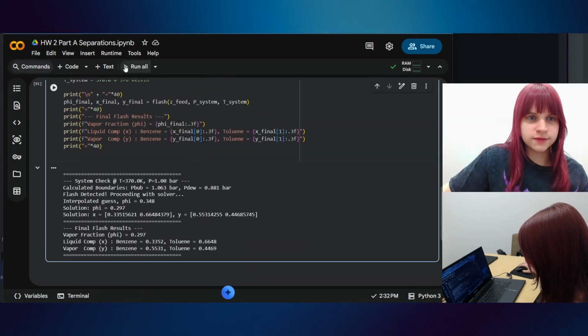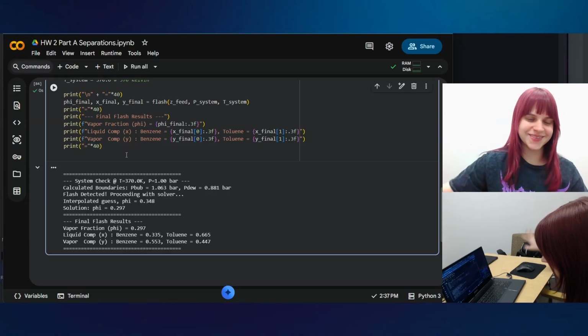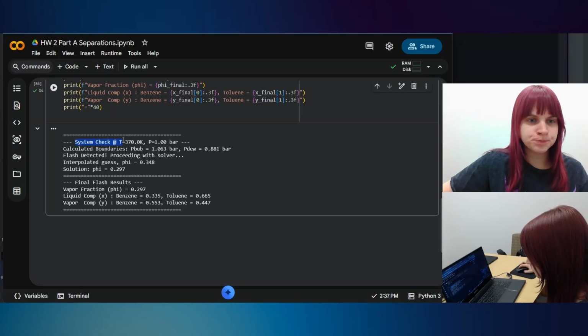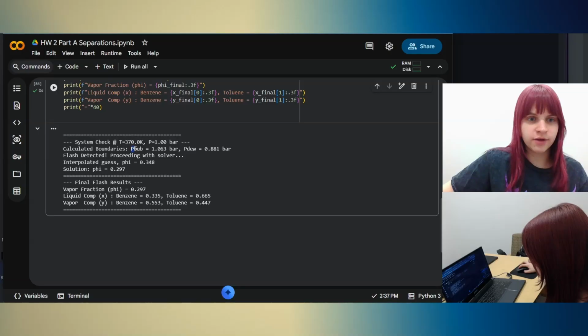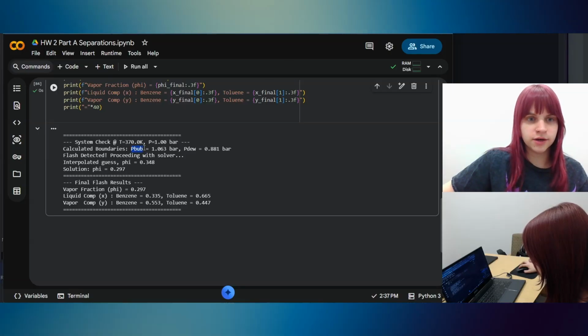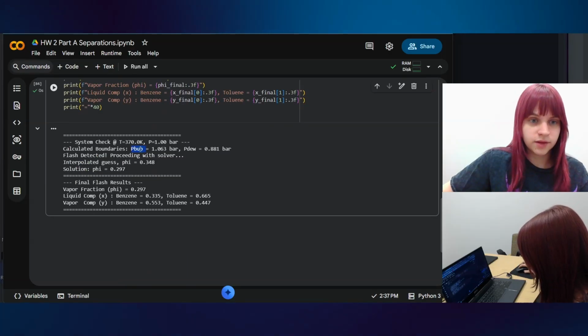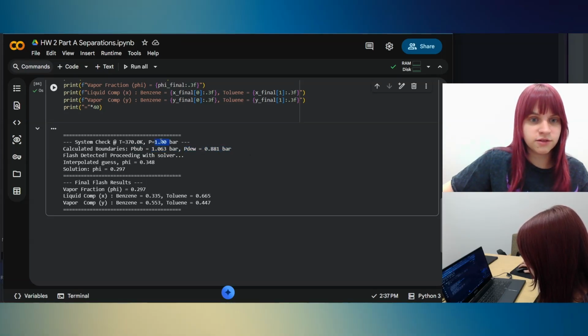So hopefully I covered everything that I thought that I was recording earlier, but basically we have our system check at 370 Kelvin and 1 bar. It calculated that for our given feed, the bubble pressure was a bit above the system pressure and the dew pressure is a bit below the system pressure.